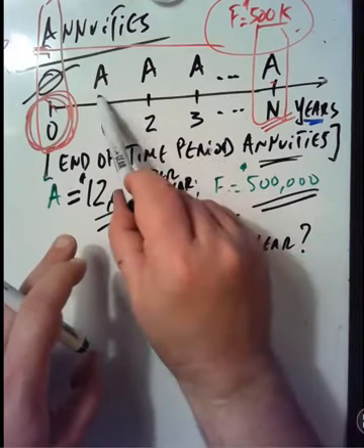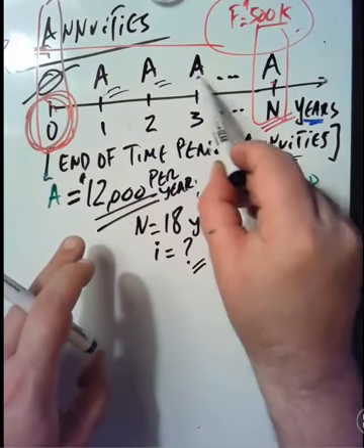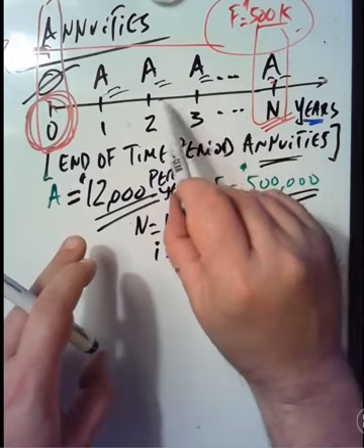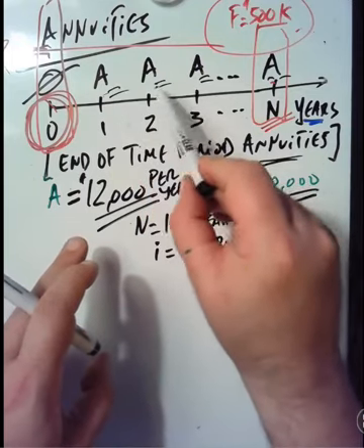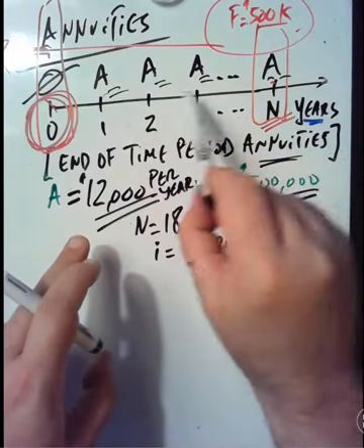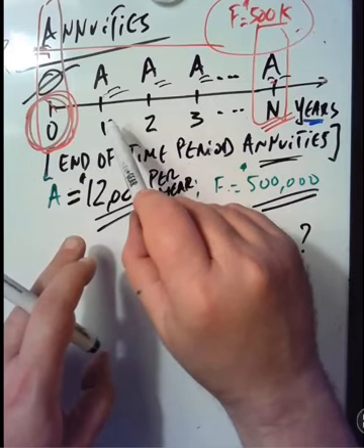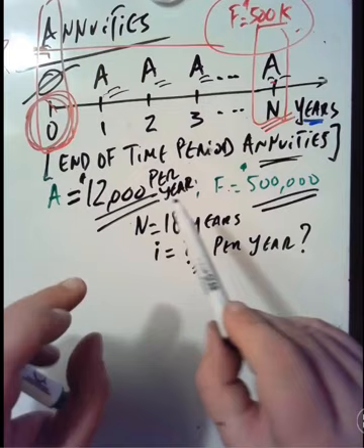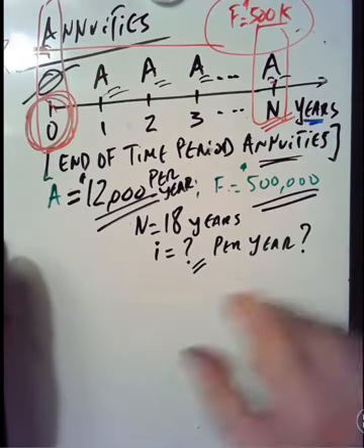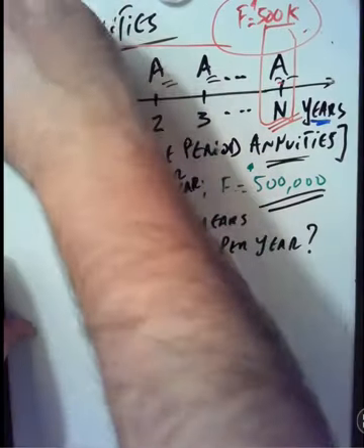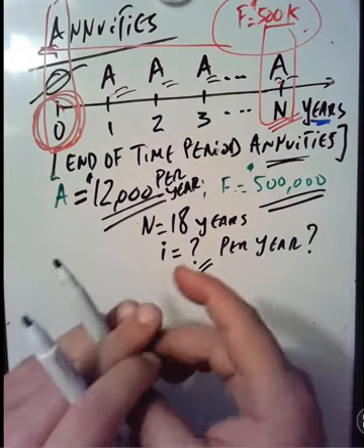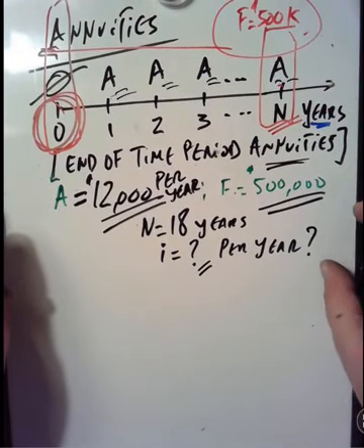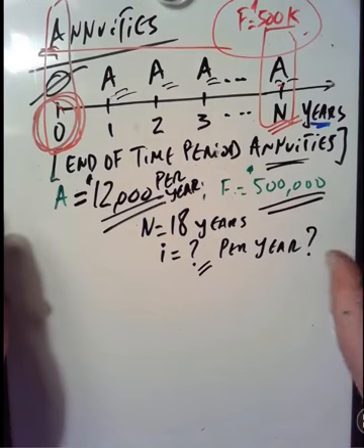So if we have a monthly payment that is always the same, we will still call it an annuity. If we have a quarterly payment that is always the same, we'll still call it an annuity. Just stressing that annuity does not necessarily imply annual payments. The only thing that the word annuity implies in finance is that we are talking about a constant cash flow of a certain amount.